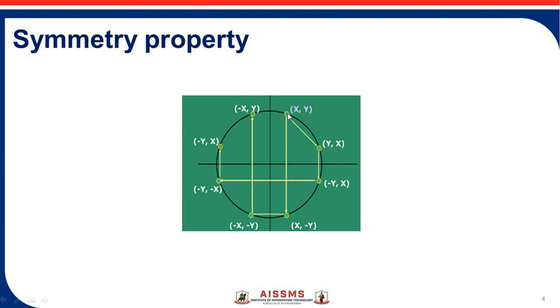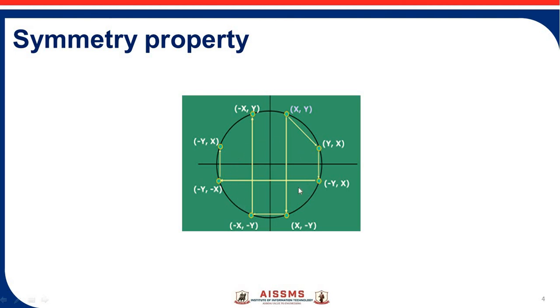For the calculated xy, we can plot the remaining 7 vertices: xy, yx, in the second quadrant minus x, minus y and minus y, x. Like this, we can find all the remaining vertices.